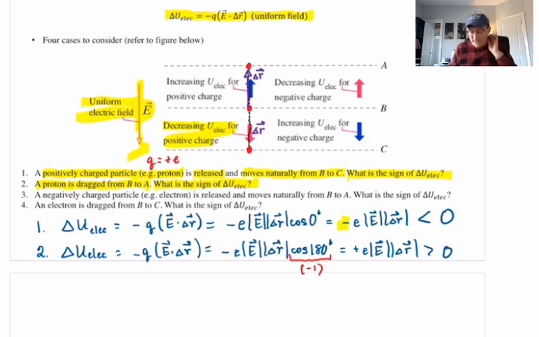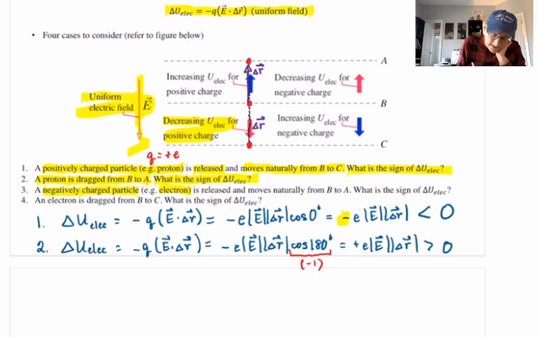But now let's look at another situation, situation 3. Let's have a negatively charged particle. How about an electron? Then the Q is negative little e for case 3, right? Can't see that very well, can you? The Q is negative little e for case 3.